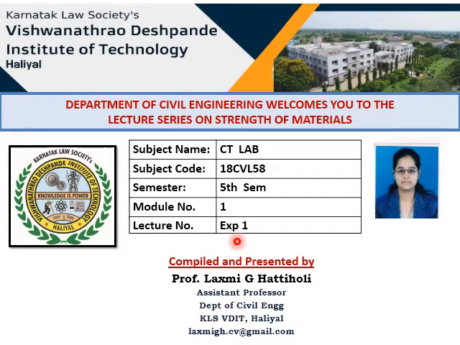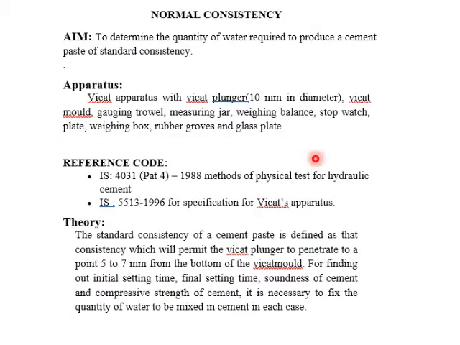I welcome you all for the lab demo series on Highway and Concrete Laboratory with the lab code 18CVL58. In the previous session, we discussed the importance of this laboratory and the introduction to module 1, that is cement, its types, physical and chemical properties, and the different types of cement available in the market.